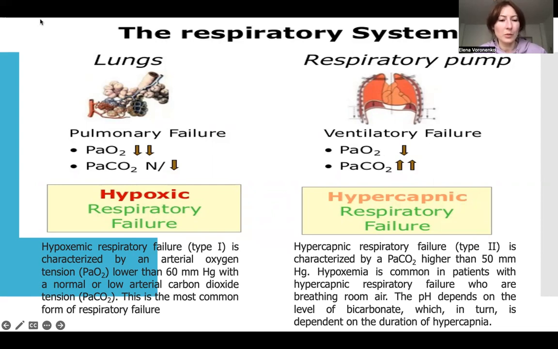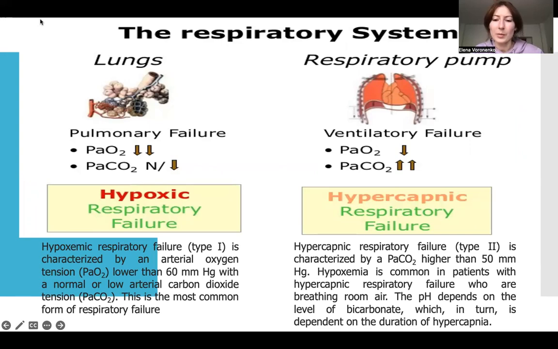This is the most common form of respiratory failure. Hypercapnic respiratory failure is characterized by a PCO2 higher than 50 millimeters Hg. Hypoxemia is common in patients with hypercapnic respiratory failure who are breathing room air.